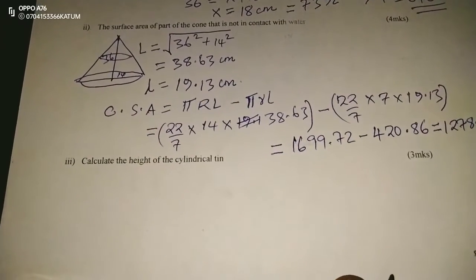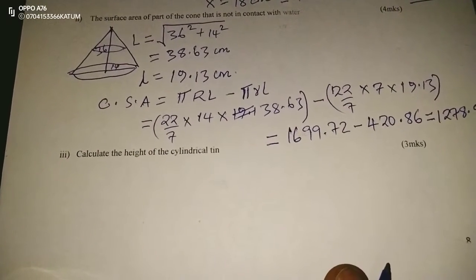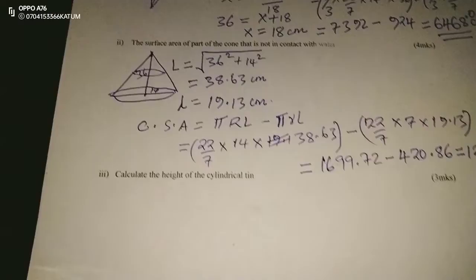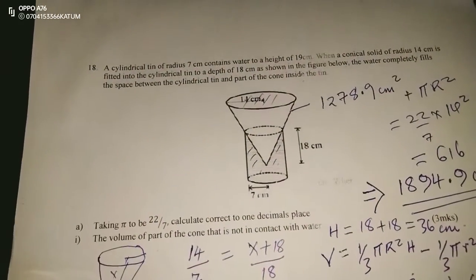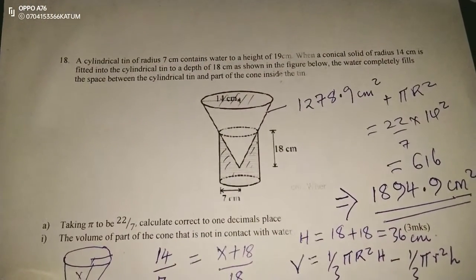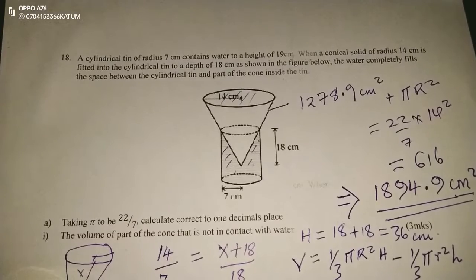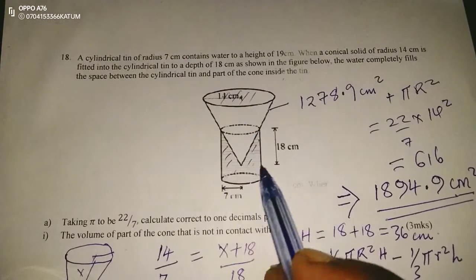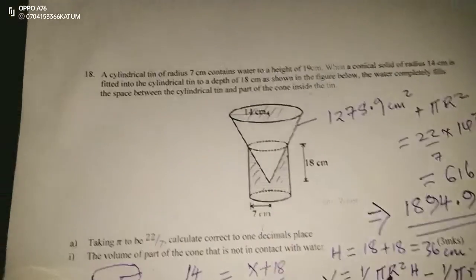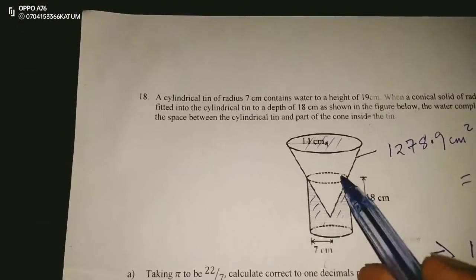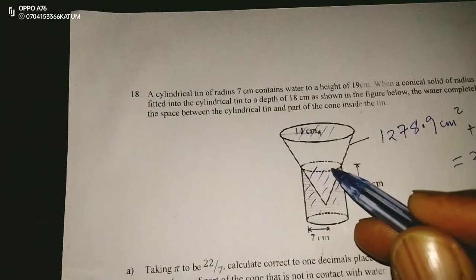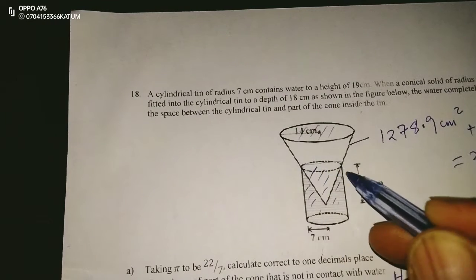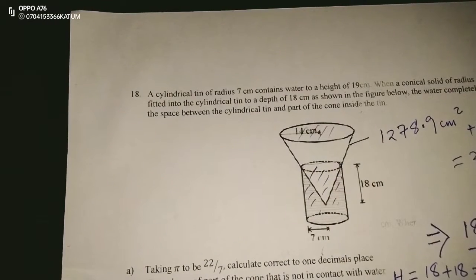Finally, we are to get the height of the cylindrical tin. We can get the total volume of the cylindrical tin, because we have the volume of this smaller cone.